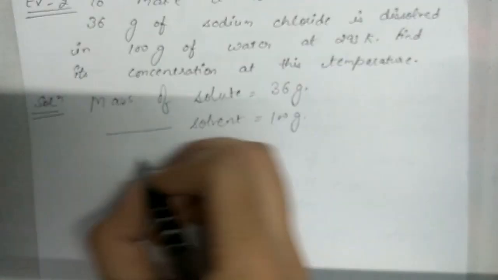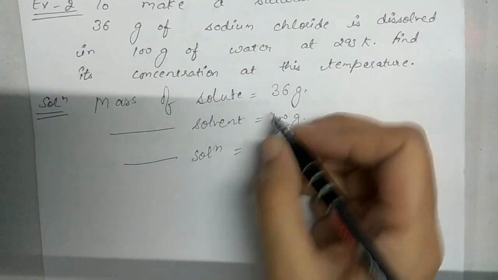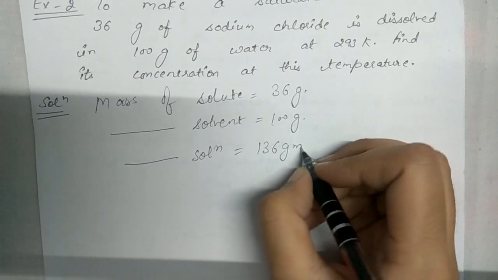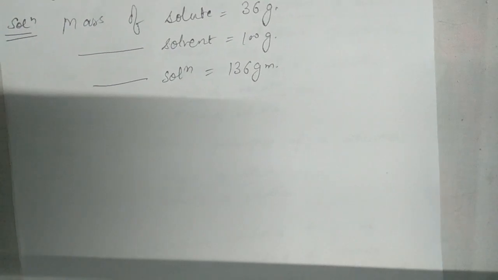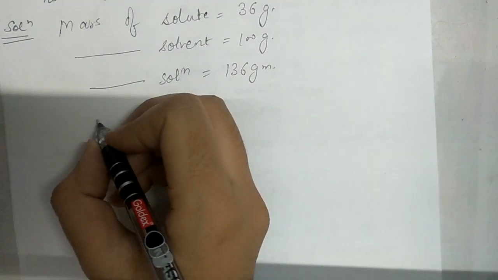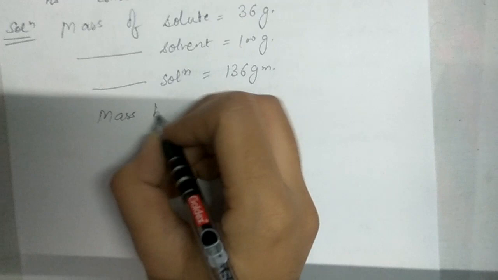So what will be the mass of solution? Again, by adding, we will get 136 gram. The mass of solution is 136 grams. Okay. So again, nothing is mentioned here, so we will calculate mass by mass percentage.